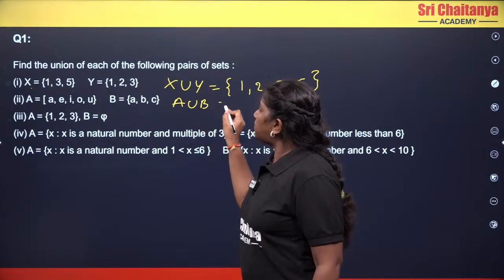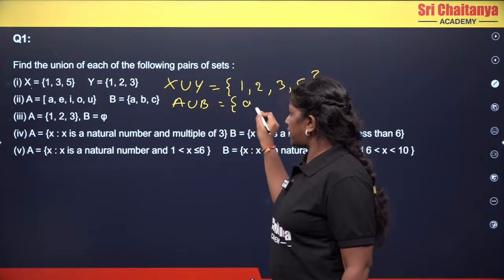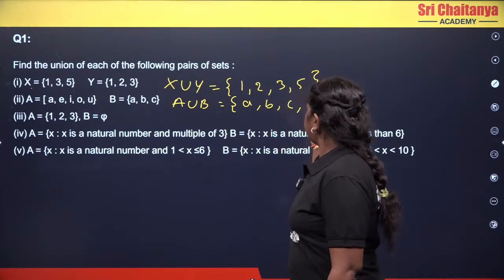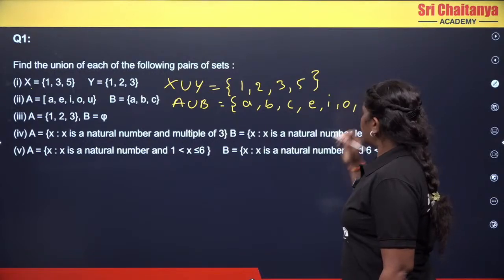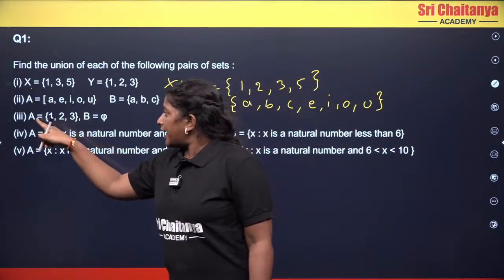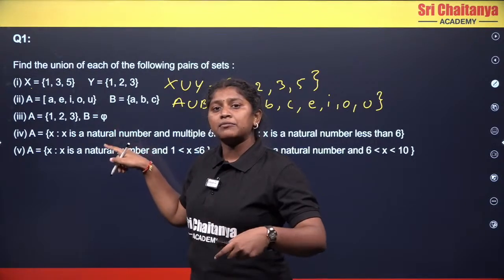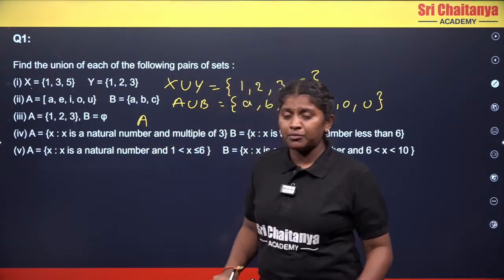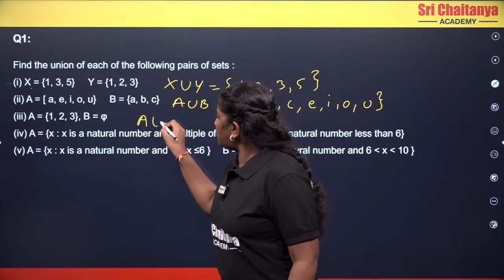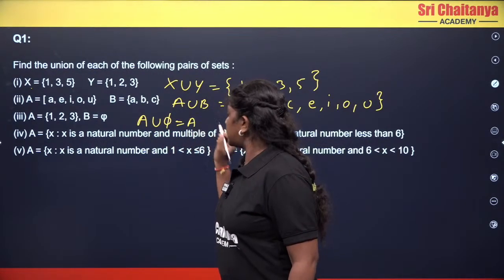So A union B will be given by the set A, E, I, O, U. Okay. Now moving to the next. A is the set of 1, 2, 3 and B is phi. Phi means nothing but a null set. So now we have the law of identity: if you take the union of any set with phi, then you will get the same set.